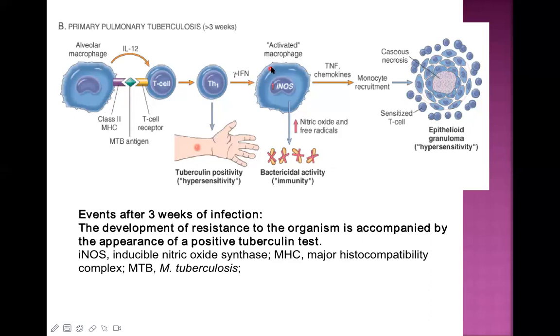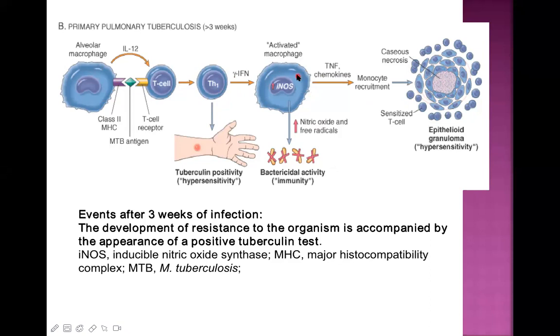After the stimulation by interferon gamma, this macrophage will become active, and we call this an epithelioid cell. Epithelioid cells are activated macrophages, activated by interferon gamma, which is released by T helper cell 1.